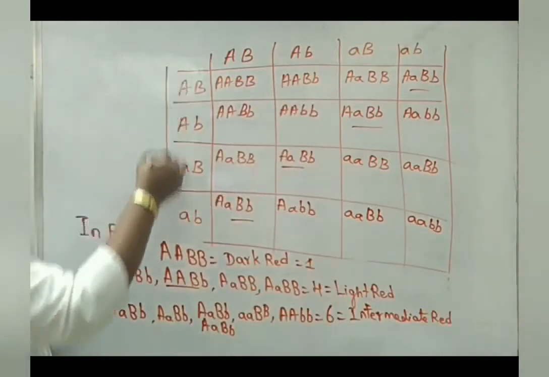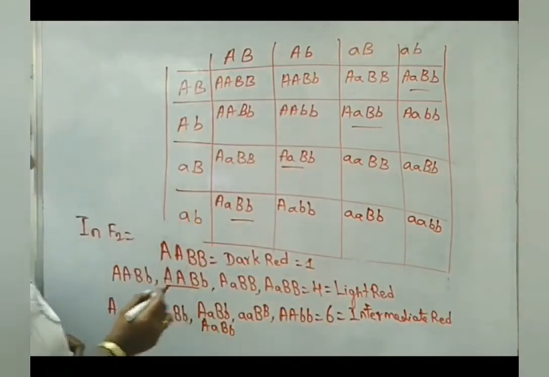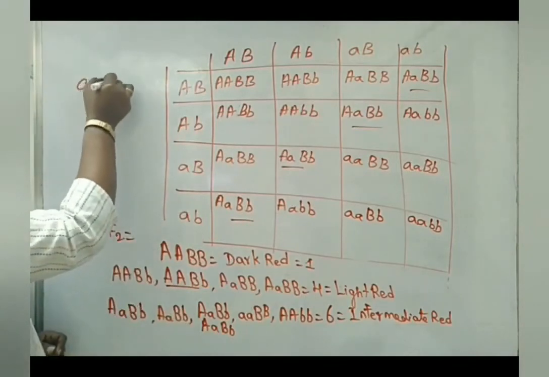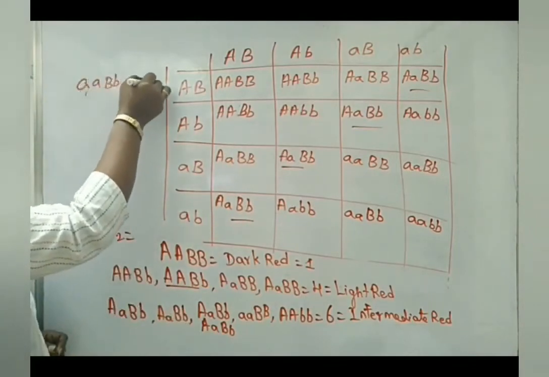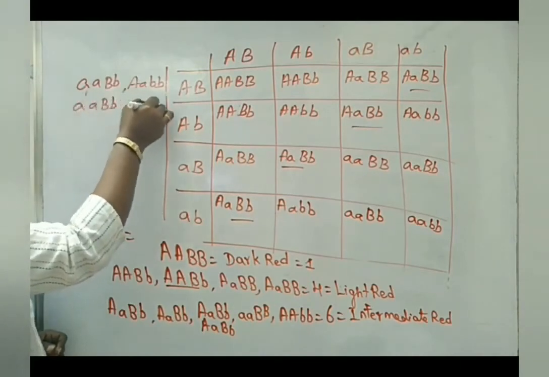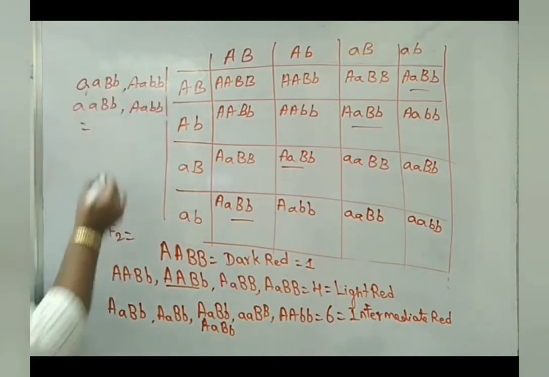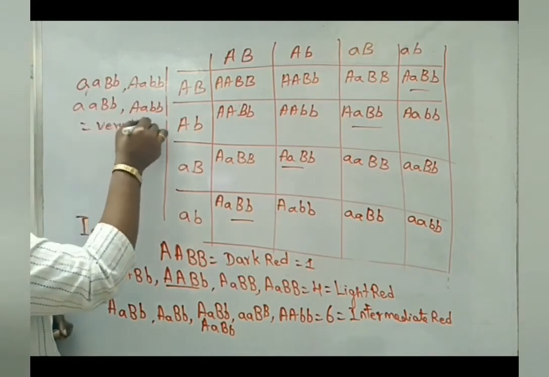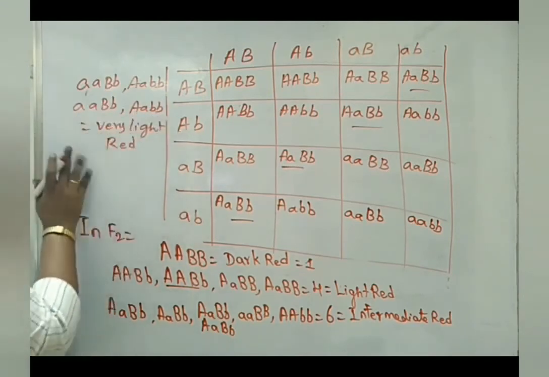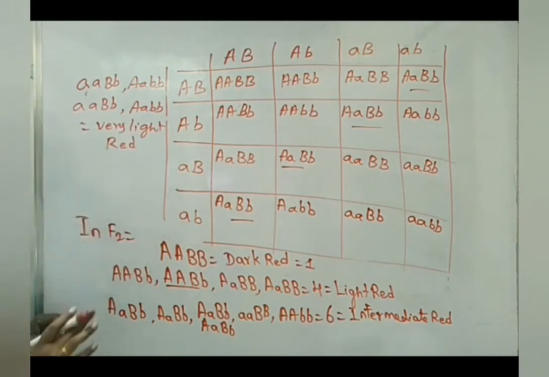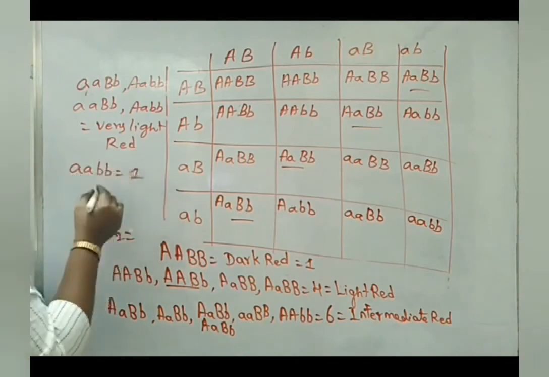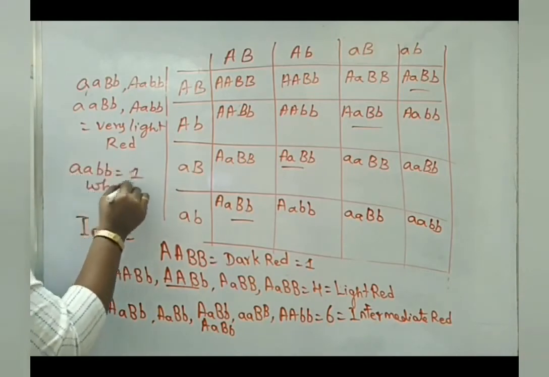Next, another type of allele combination is responsible for very light red color. Last one, this is only 1 in number, responsible for white color.